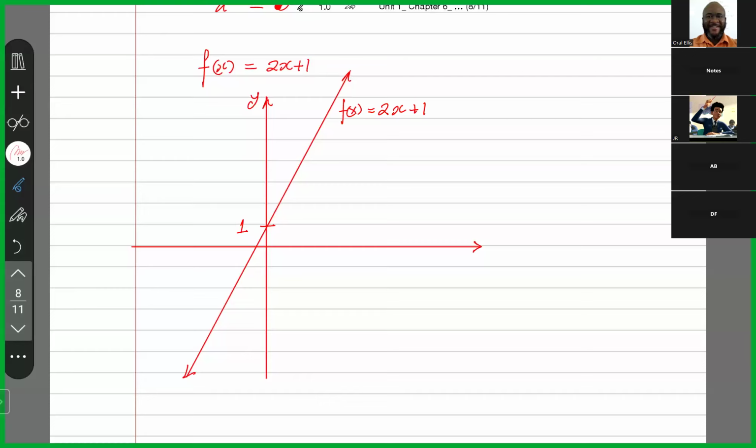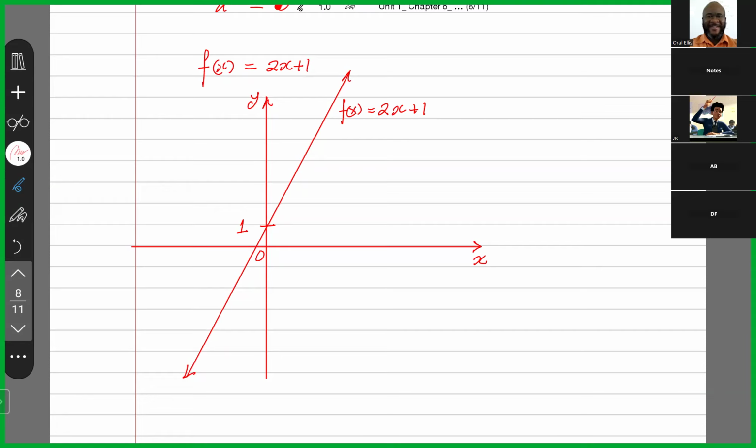Now, what the theory says is that for the function f of x to be one-to-one, every horizontal line that can be drawn through the graph, let me use the specific language, every line drawn parallel to the x-axis must cut this graph at most once.